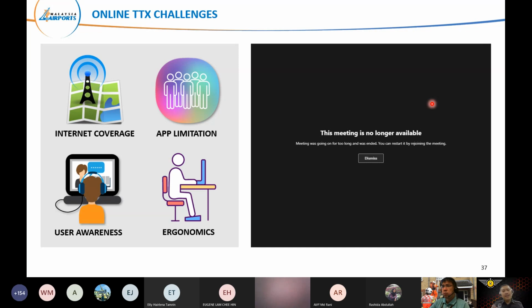Last but not least, I touch on the ergonomics part: the posture of sitting, the eyes, eye irritants, because it's a long period of tabletop exercise.